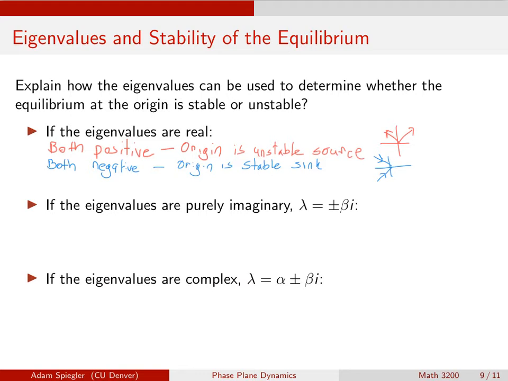And in some of the cases that we've been looking at, what we saw is that if one of them is negative and one is positive, then we get a saddle point.